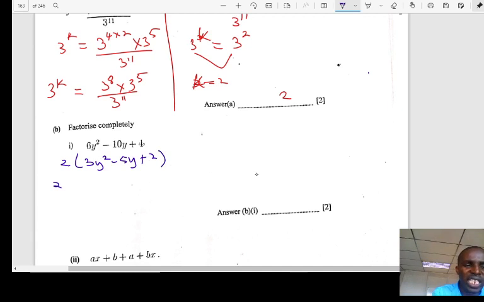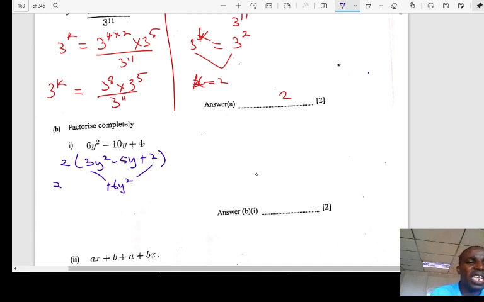Then you factorize the expression inside. So you say 3y squared times plus 2 is plus 6y squared. Then you find 2 numbers, which when you multiply, they give you 6, and when you add, they give you minus 5. If the product, plus 6, is positive, it means both of these numbers are positive or both are negative.